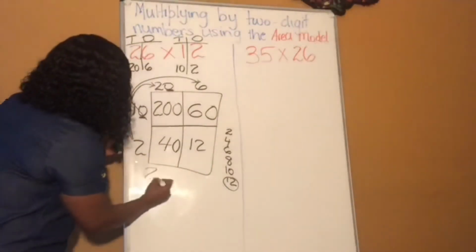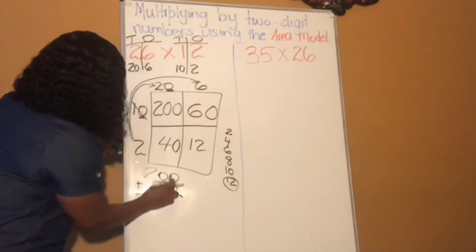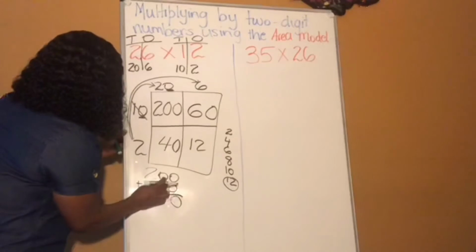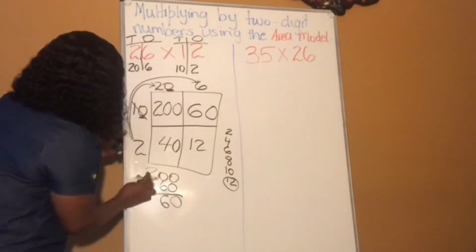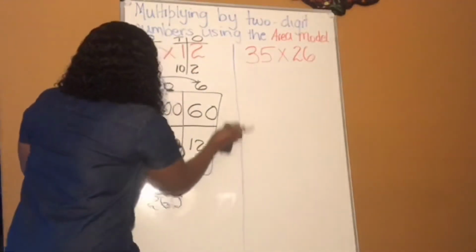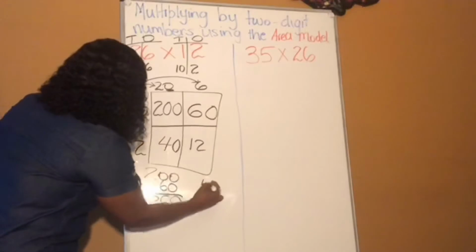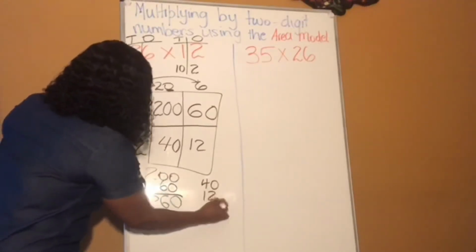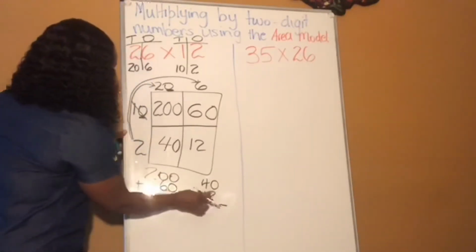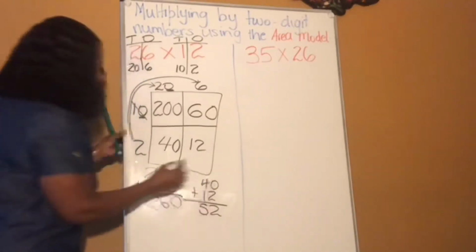So let's do that. 200 plus 60. 0 plus 0 is 0, 6 plus 0 is 6, and 2 plus nothing is 2. Then we add 40 plus 12. 2 plus 0 is 2, 4 plus 1 is 5.